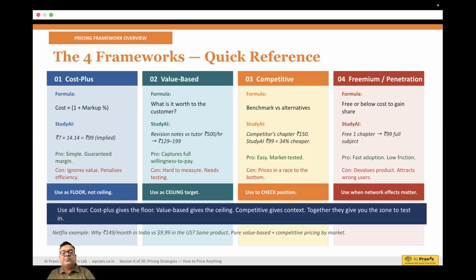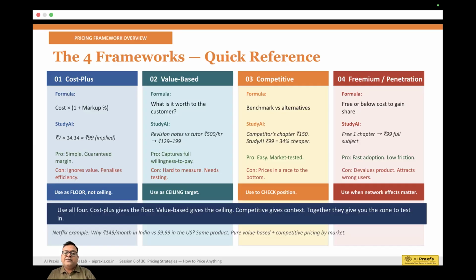Then there's something called competitive pricing. You must have heard of competitive pricing. The formula is very simple. Benchmark versus alternatives. Look around at your competitors and see what they're pricing. Of course, look at their value proposition, the value that they're providing. In case of Study AI, the competitors could be most of the edtech companies already there.